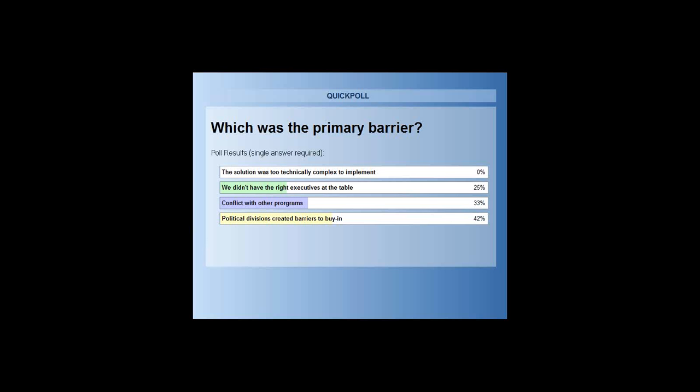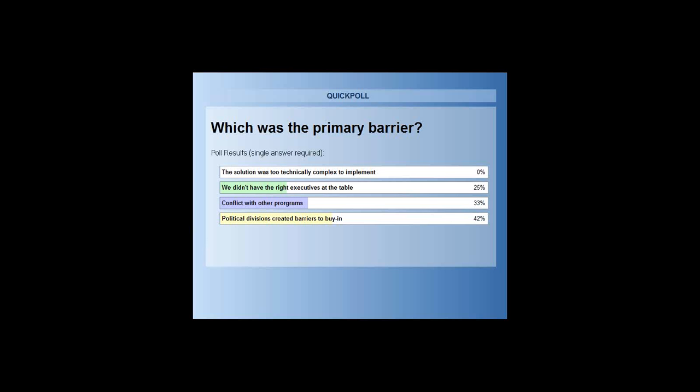Yeah, polls are open there, so votes are still coming in, and again it looks like a pretty even split, but I think we have a clear winner, so give a few seconds to vote again, and then we'll get the results in. We'll close that one now, and what we can see is that no one thought the solution was too technically complex. Obviously we have some experts on the line.